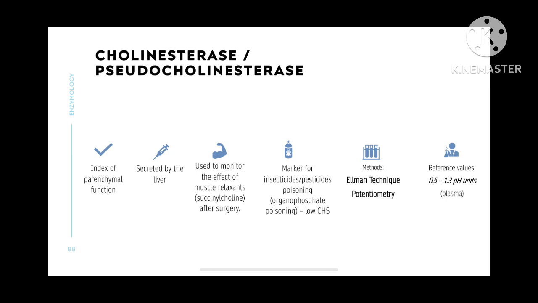The methods used to test for cholinesterase or pseudocholinesterase would be Ellman technique and potentiometry. The reference values would be 0.5 to 1.3 pH units, and the sample of choice would be plasma.